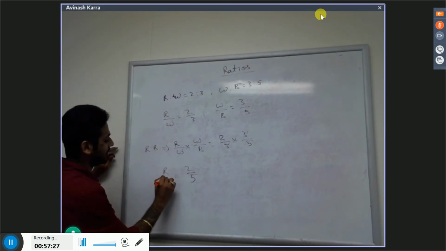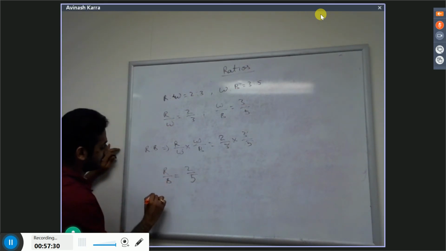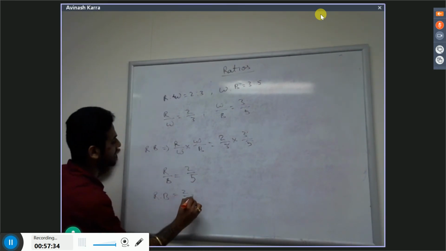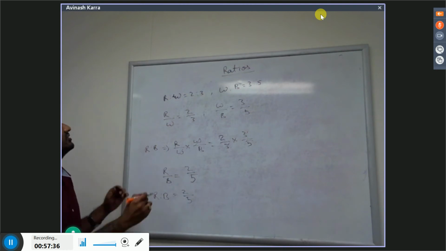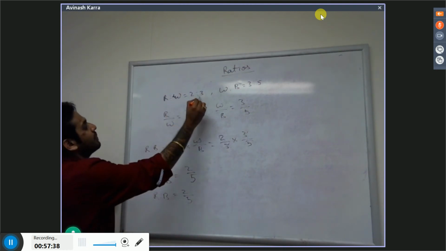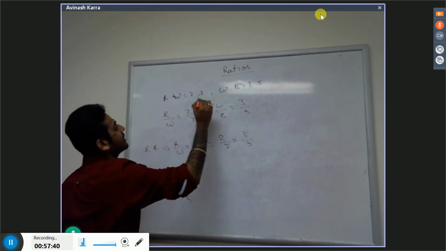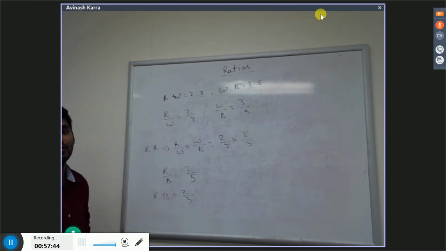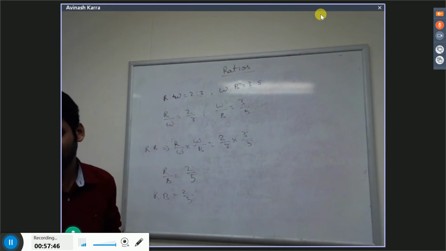So R is to B is equal to 2 by 5. See, here it's easy. Here the value of W in both the cases are same. If they are different, what you need to do? Let's take one example.